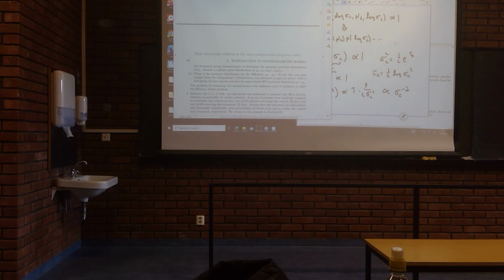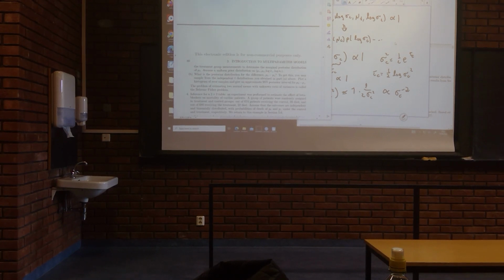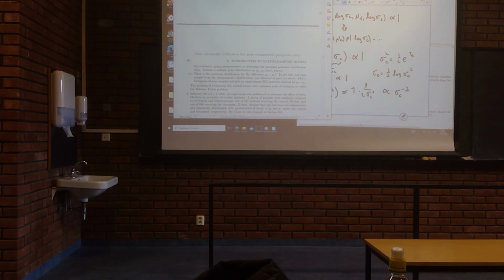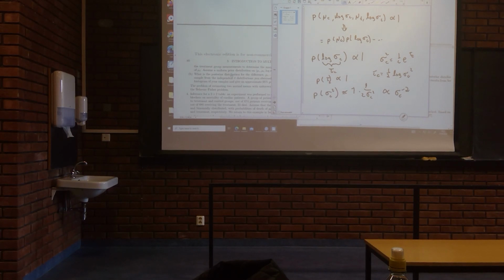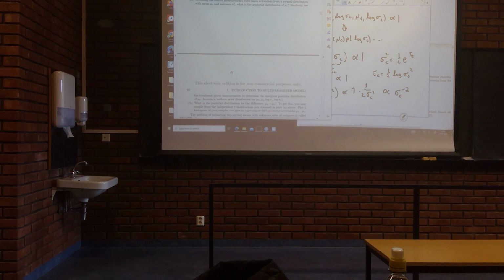Okay, but this is actually a setting that we have discussed earlier in the lecture, where we have this conjugate type of prior, and where we derived the marginal distribution for mu, for the expectation.